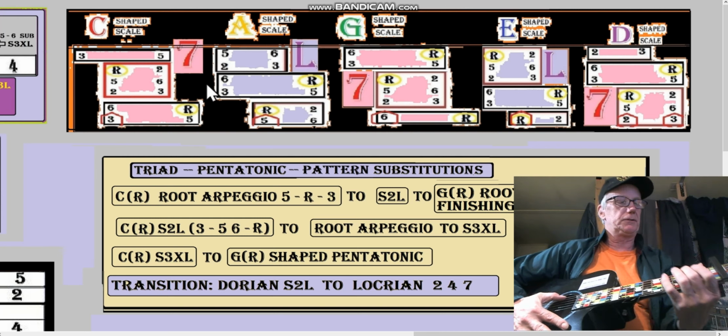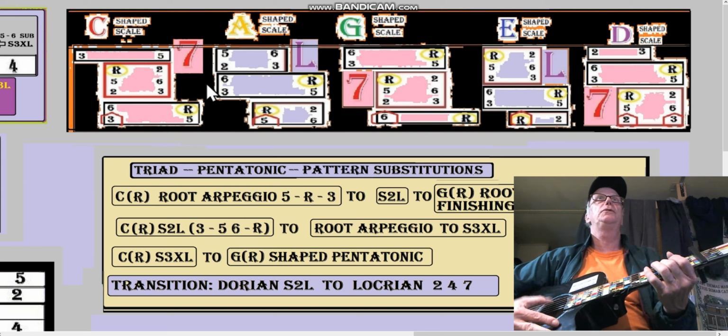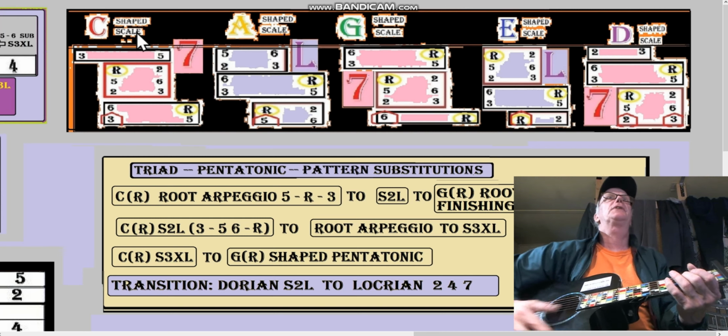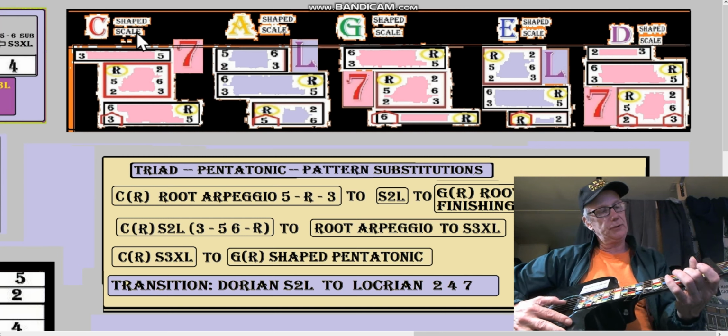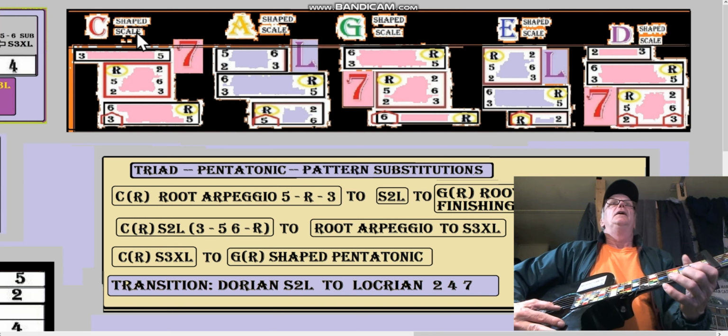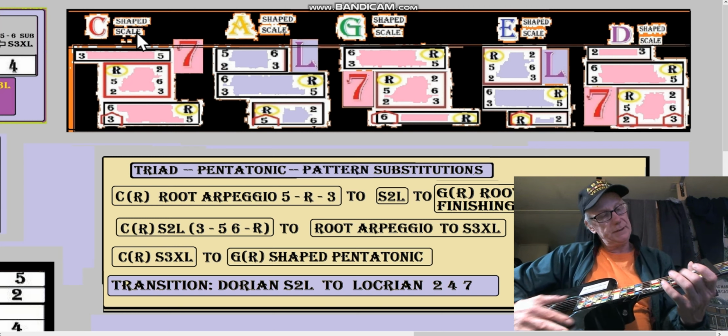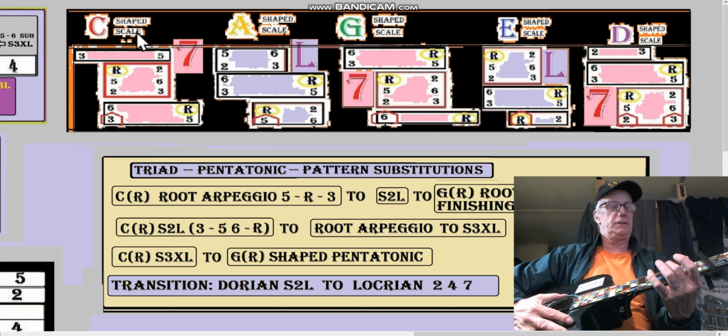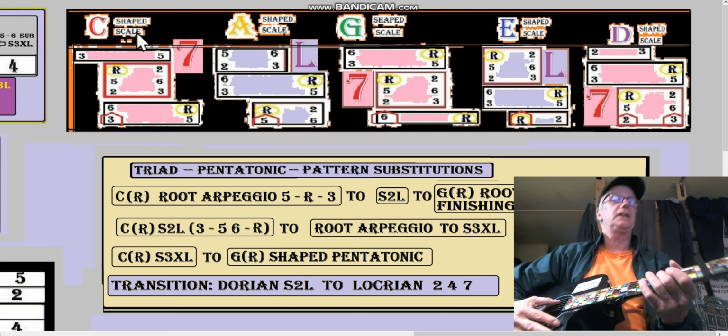Okay, so it would be 3, 5, 6, root here in the C-shaped scale, and then 2, 3, 5, 6, root 2. Now the root, let's do that again. 3, 5, so that's E to G, A to C. Okay, so this is in the key of C.